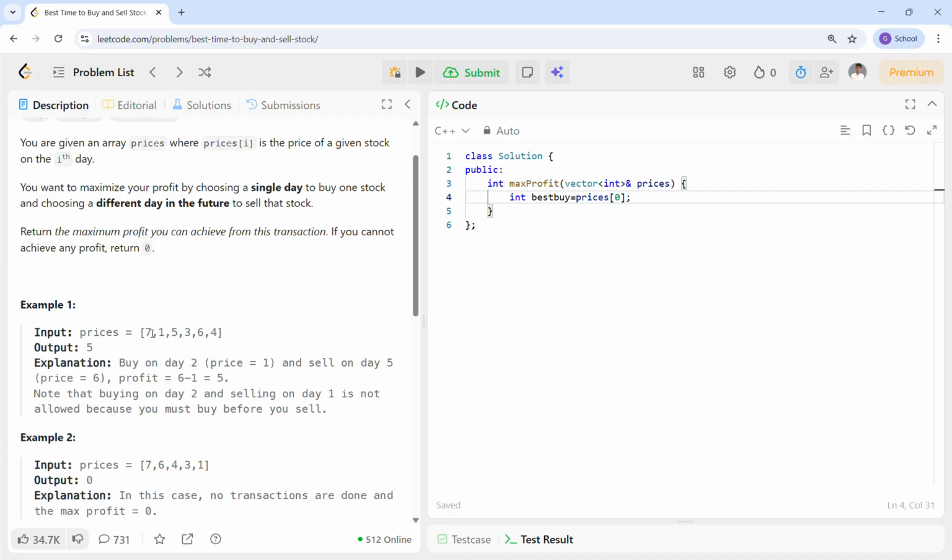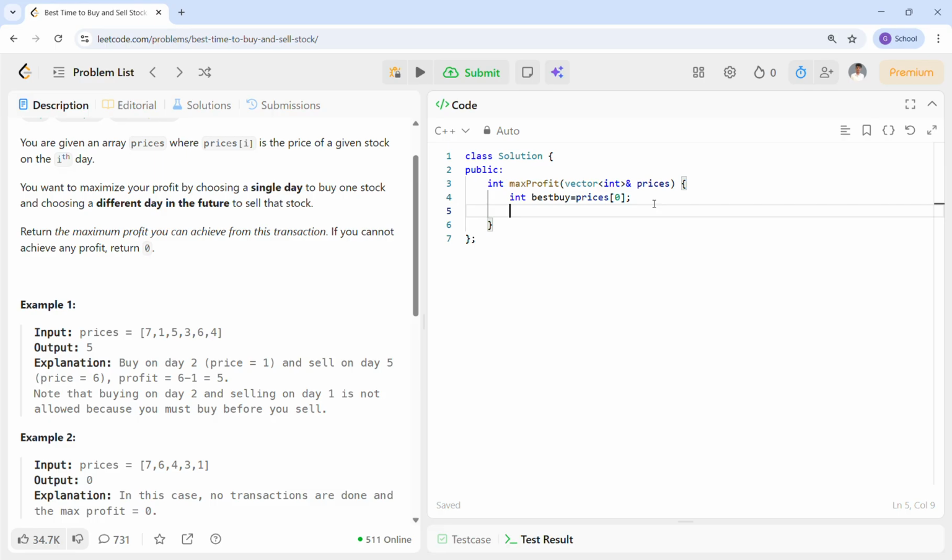We could buy on the 0th day only, and sell on a later day, or we could see if we could buy on another day and then sell on the days after it. So let's start with the first index, because there's no other index we could buy before it.